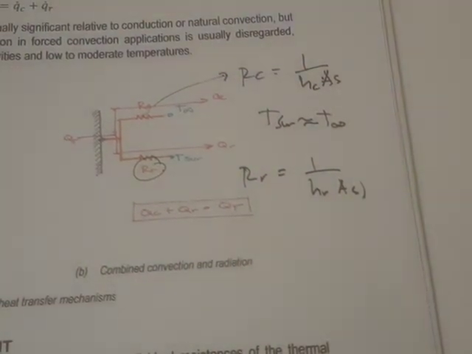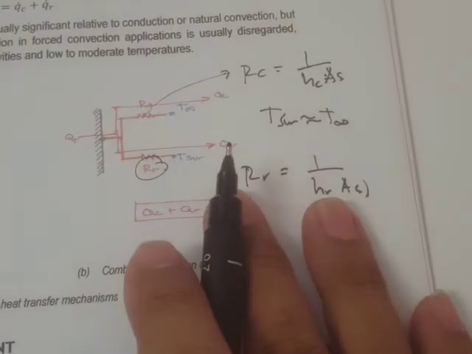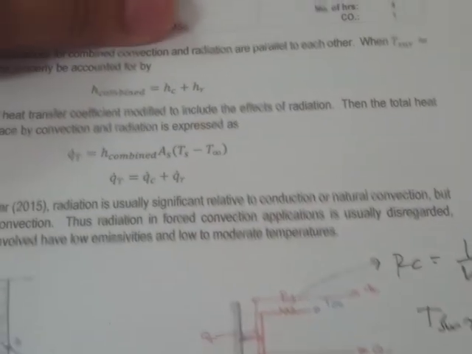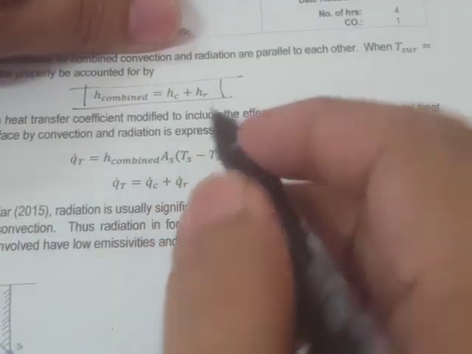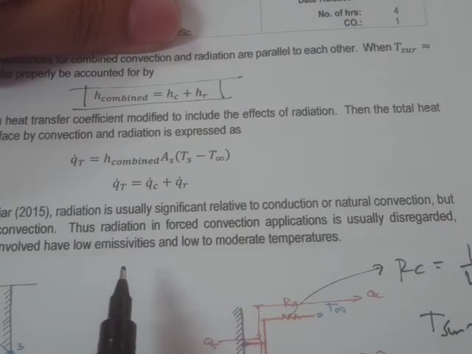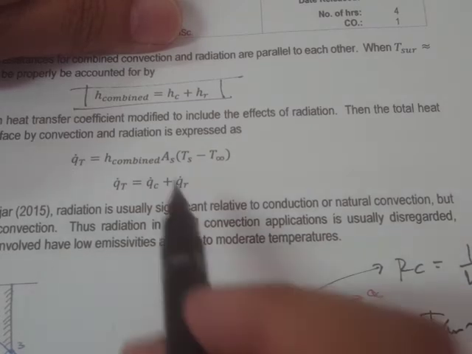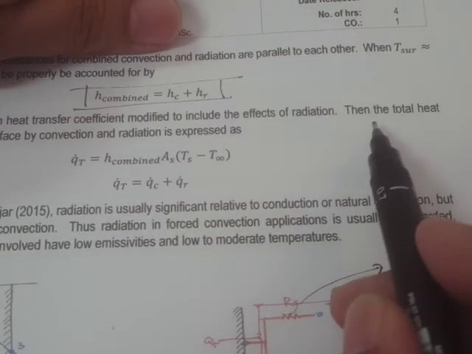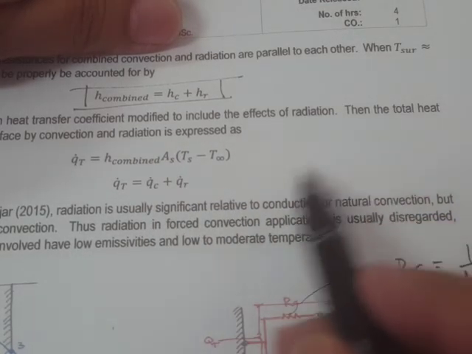Okay, so for the combined convection and radiation, we can actually use this equation. This is a simplification: h combined is equal to h_C plus h_R. Just take note that if you have a problem of combined convection and radiation, it's actually a convection equation.